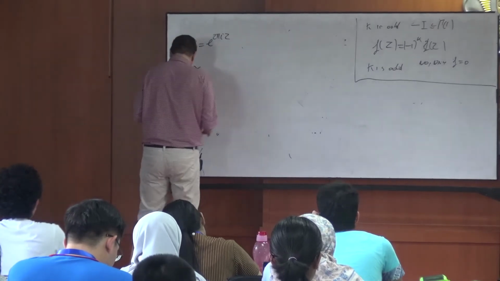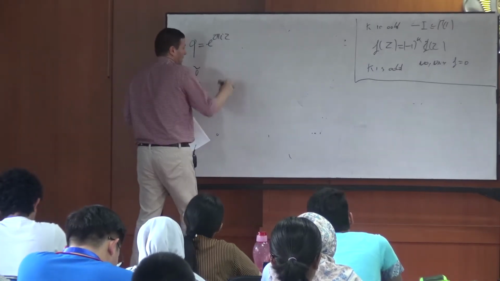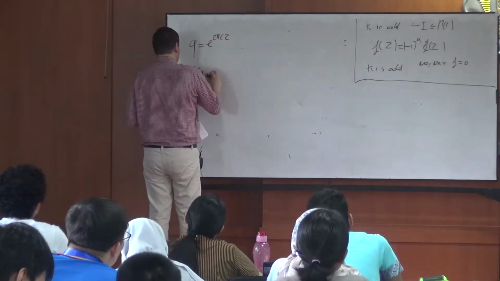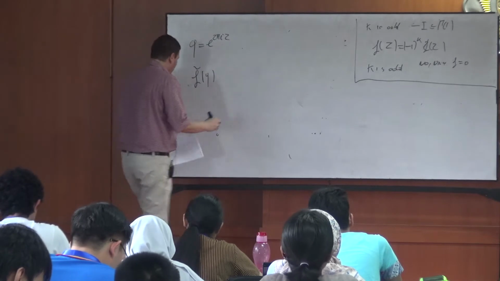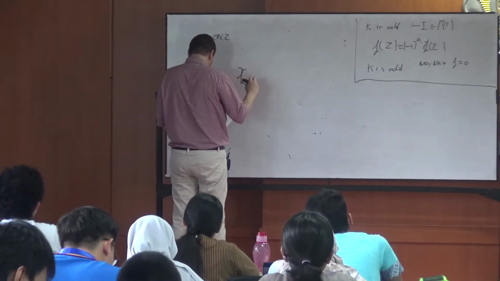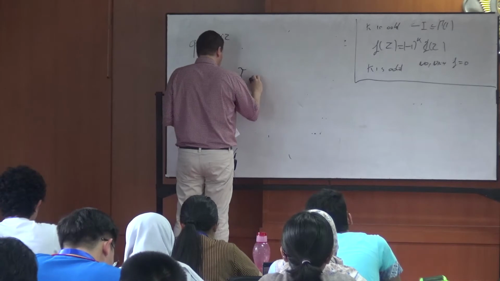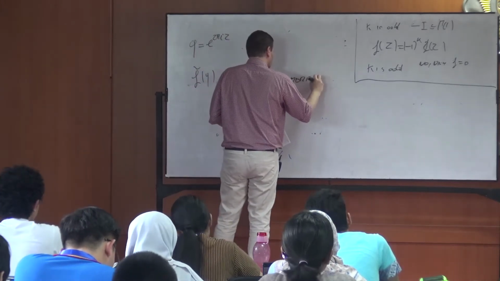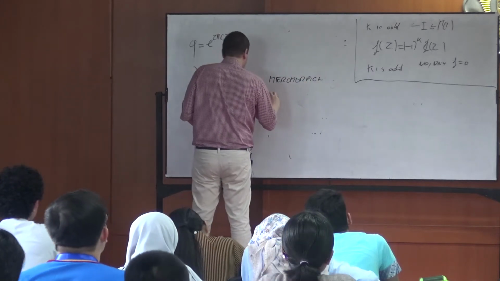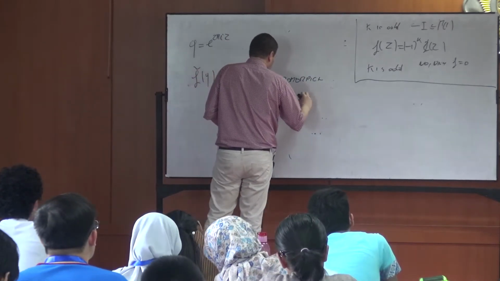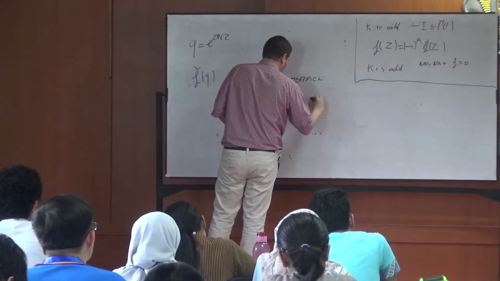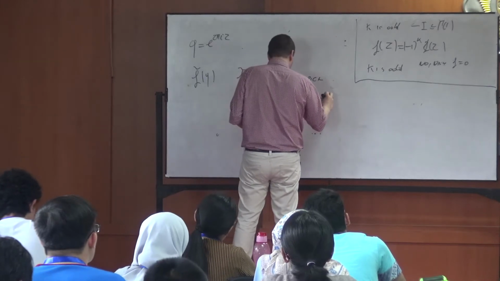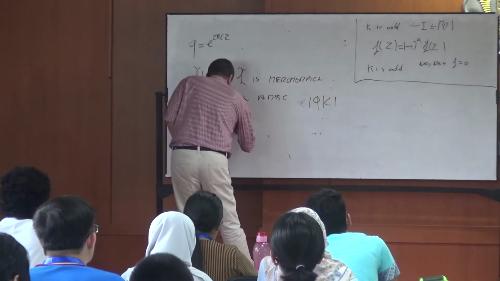Instead of considering f of tau, you consider f tilde of q. And f tilde is meromorphic in a disk of q, with |q| less than 1, let's say, with the origin removed.